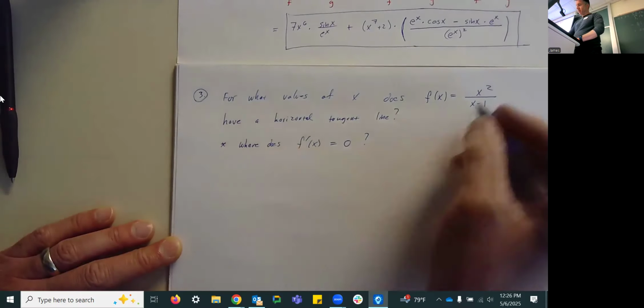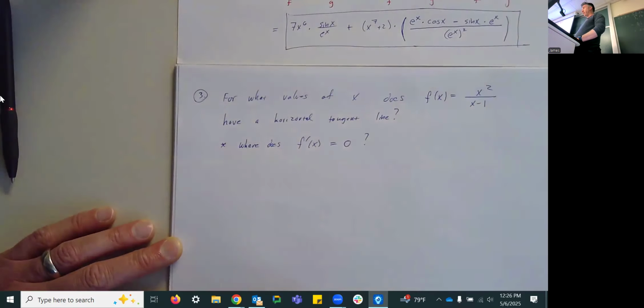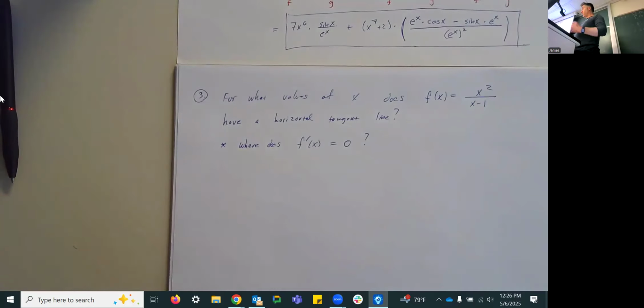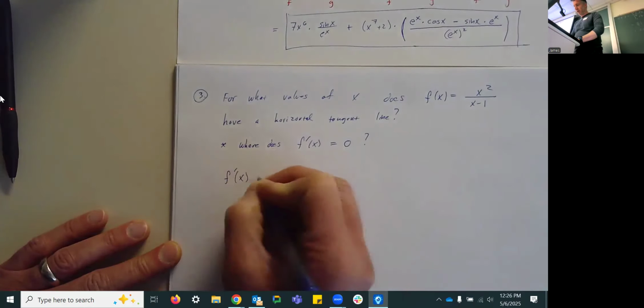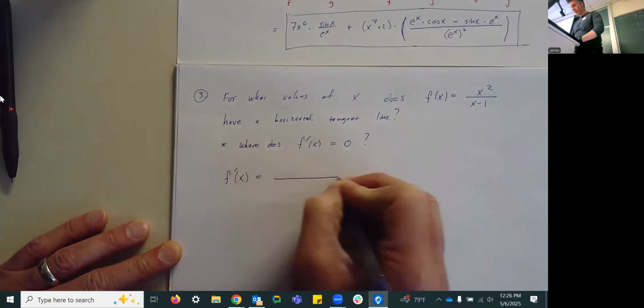All right, so here's my function, x squared divided by x minus 1. And yes, again, we're going to use the quotient rule. So why doesn't everybody try using the quotient rule right now to find that derivative?